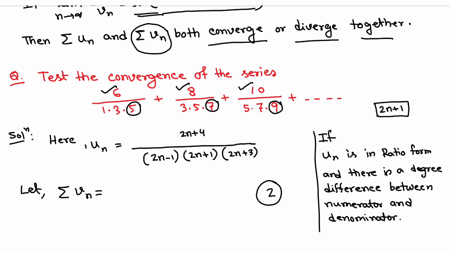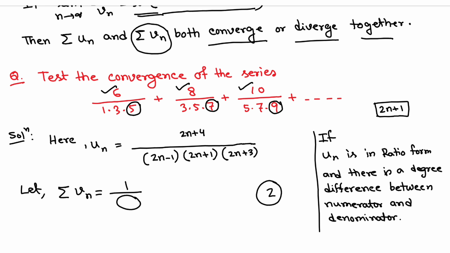And if the degree of the numerator is less than the degree of the denominator, then you have to take 1 by some power of n.